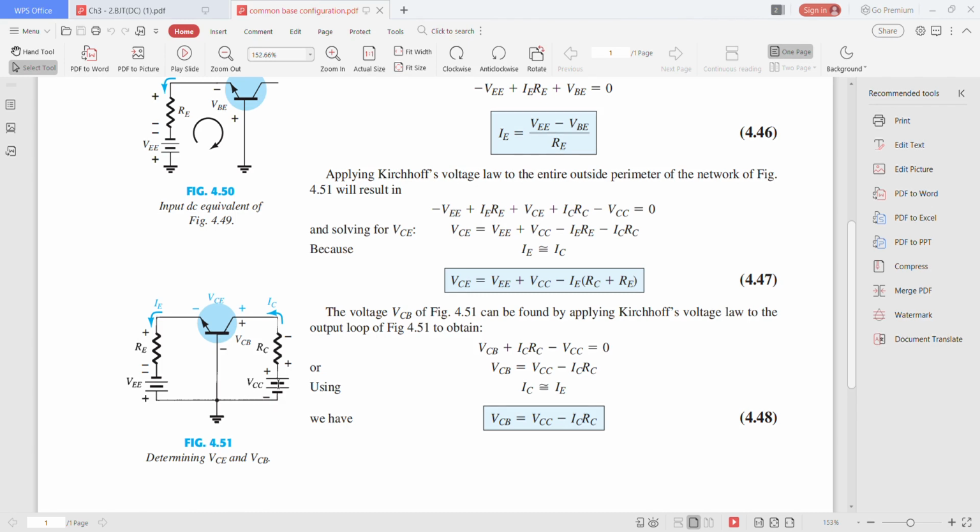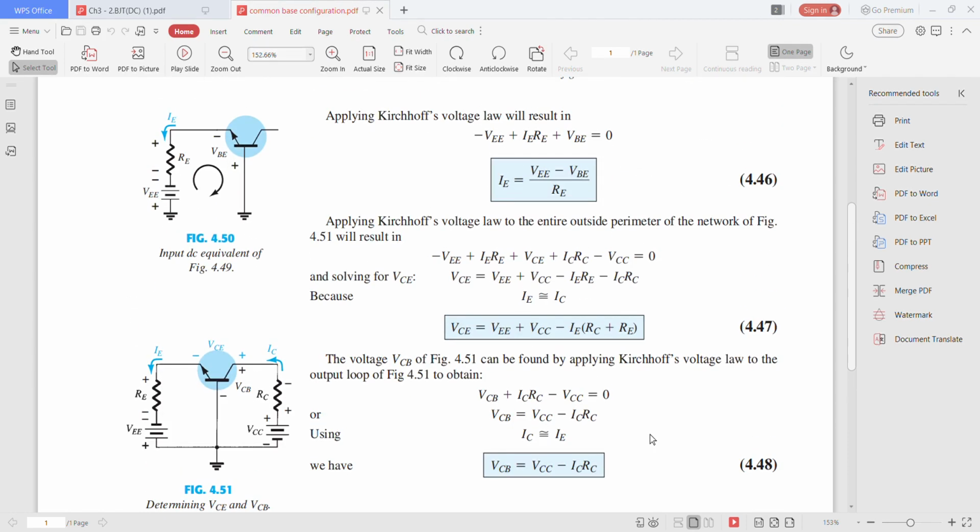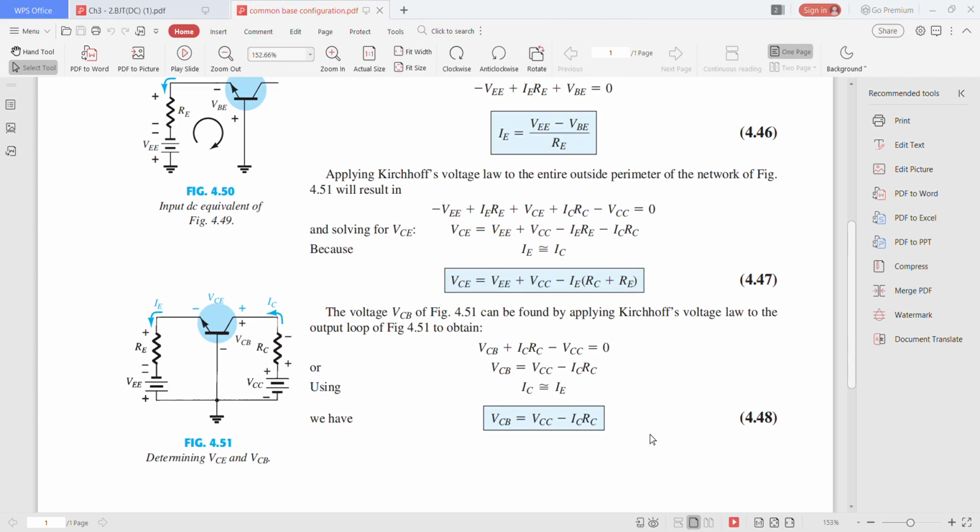VCB is here, ICRC is here. So you will get VCB plus ICRC minus VCC equals 0. Using IC approximately equal to IE, you will get VCB equals VCC minus ICRC. So that is a little bit of extra notes for the common base configuration.